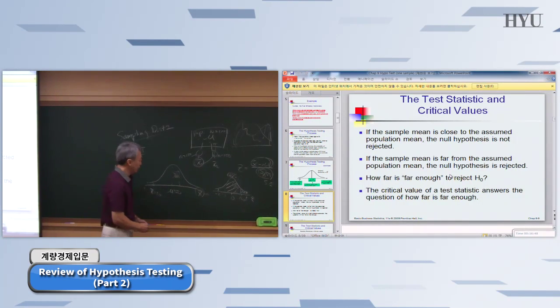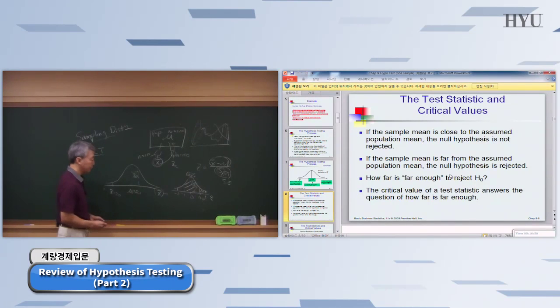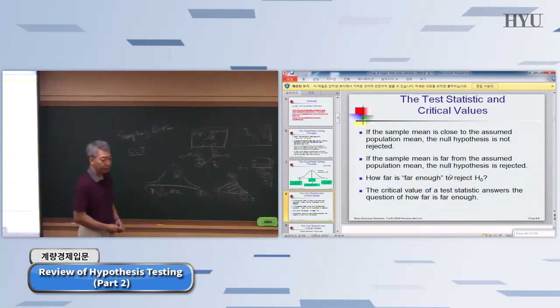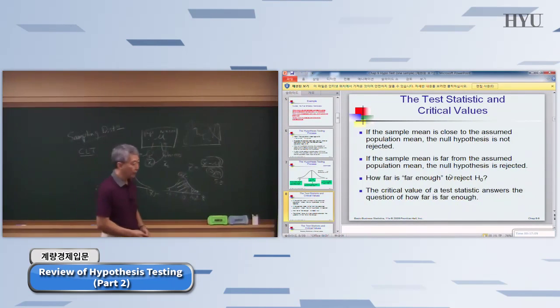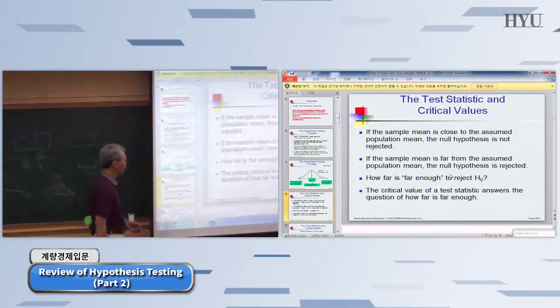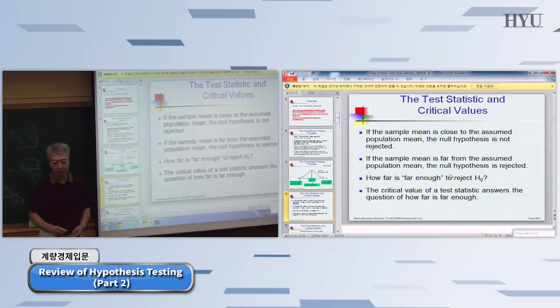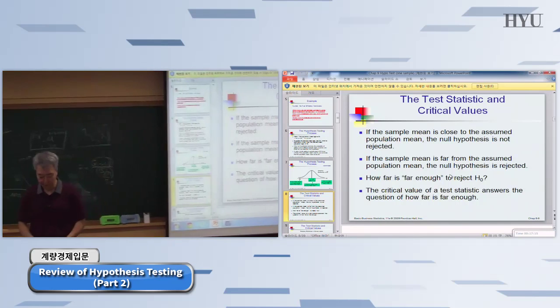But the question is, how far is far enough to reject the null hypothesis? What if the sample mean came out to be 35? Should we reject the null hypothesis or not? So for that reason, we have to come up with a critical value of a test statistic.